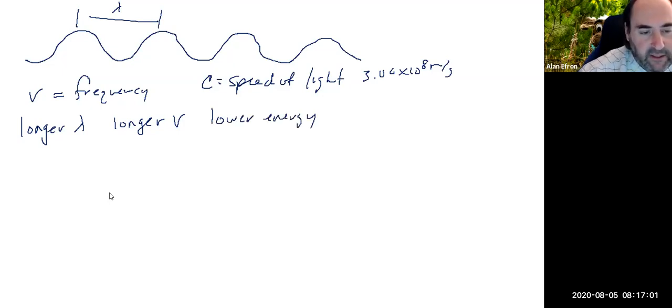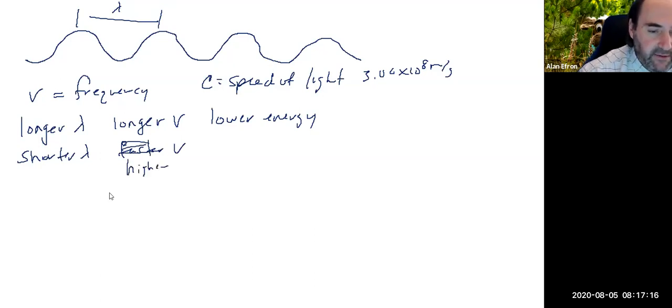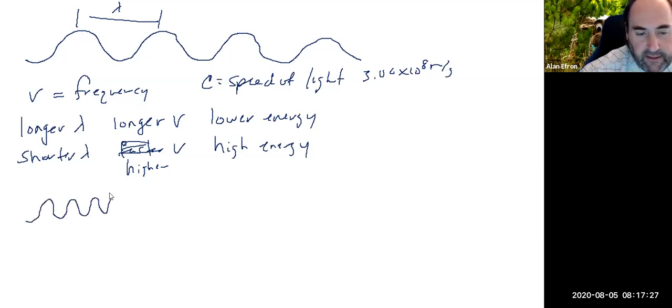While if you have a shorter wavelength, usually a higher frequency, that usually results in a more high energy wave. So again, something spread out like the top one would have less energy than one like this, which is occurring a lot of times very quickly.